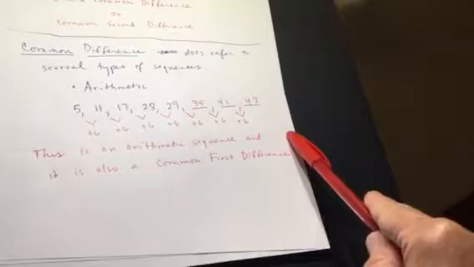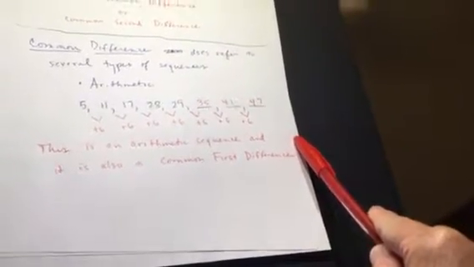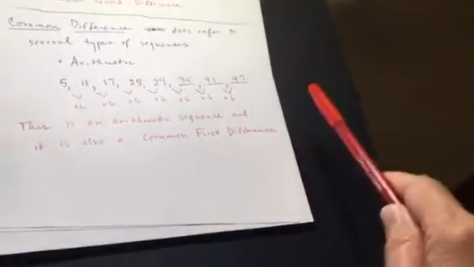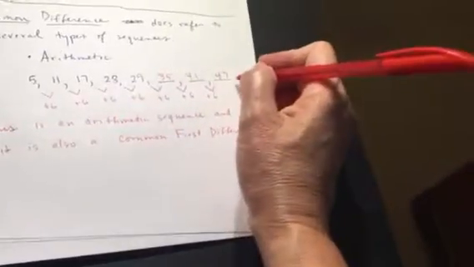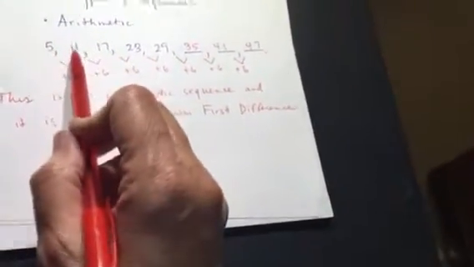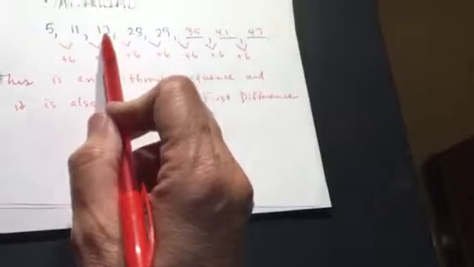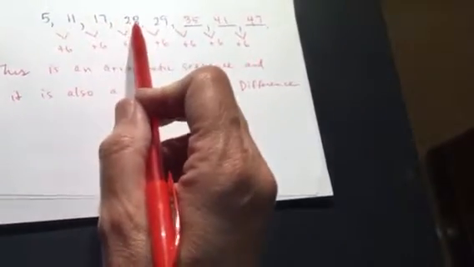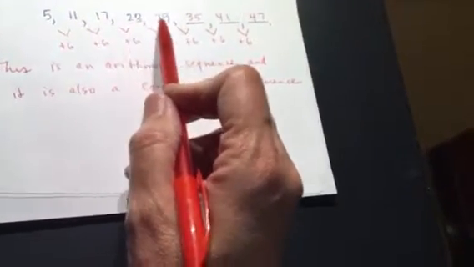For something like this, could you give an expression for the nth term? Okay? For the nth term, I would look at this and say this is term number 1, this is term number 2, this is term number 3, this is term number 4.